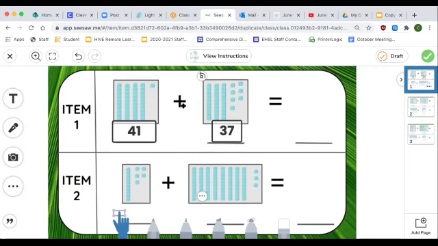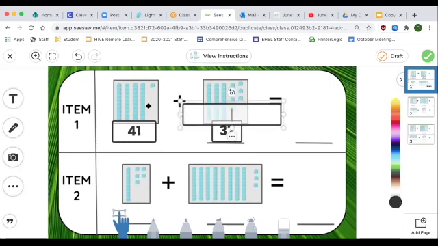Now, just like we were practicing with expanded form, I can use that to solve this problem. I can count my 10s first. 10, 20, 30, 40, 50, 60, 70. Okay, so I have 70 here, 7 groups of 10. And then I have 1, 2, 3, 4, 5, 6, 7, 8.